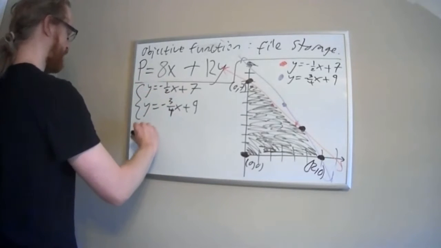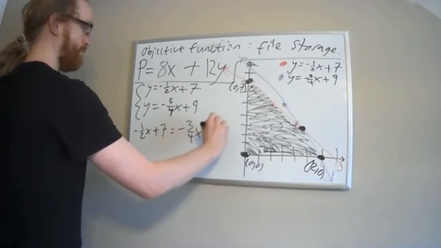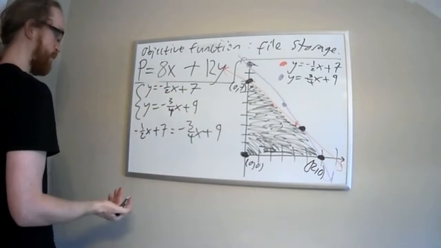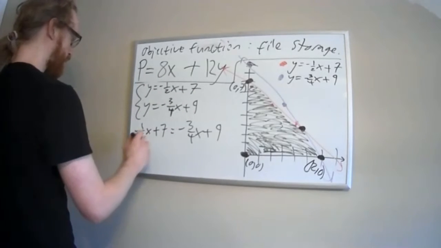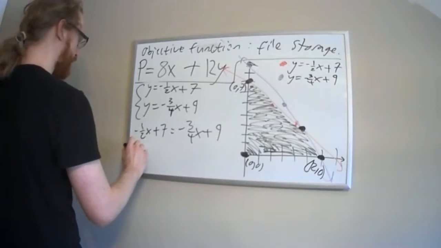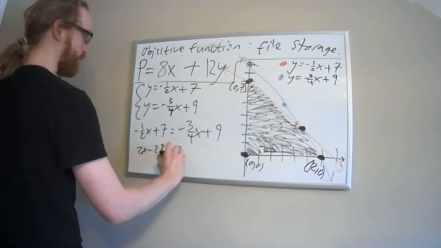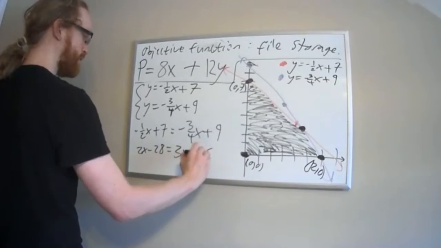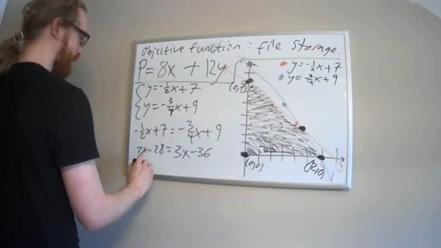So negative 1/2 x plus 7 equals negative 3/4 x plus 9. And now I'm going to solve this for x. So I can multiply both sides by negative 4. I will get 2x minus 28 equals 3x minus 36.